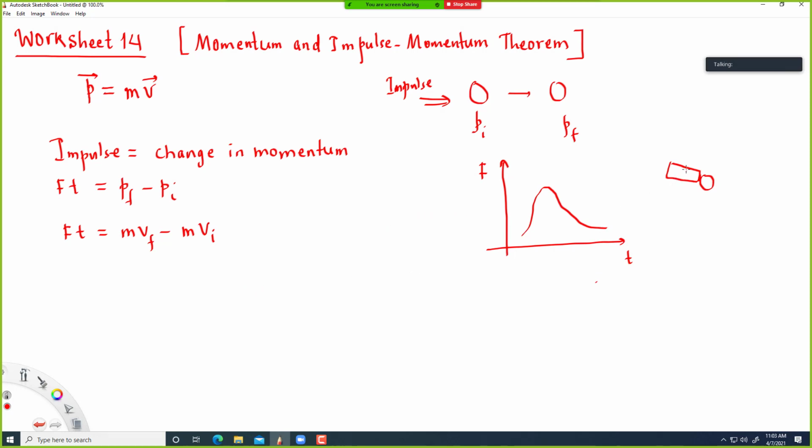When you apply the force for some time, you change the momentum of the ball. That momentum change is given by the area under this curve. That area gives you impulse, which is also the change in momentum. We talked about that last time. Just a review.